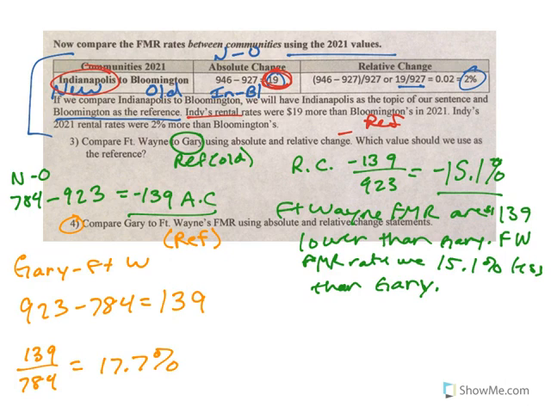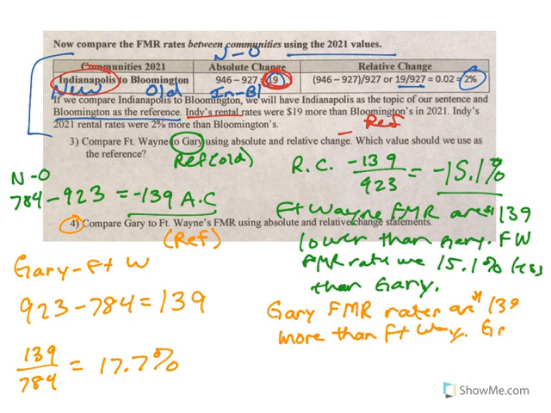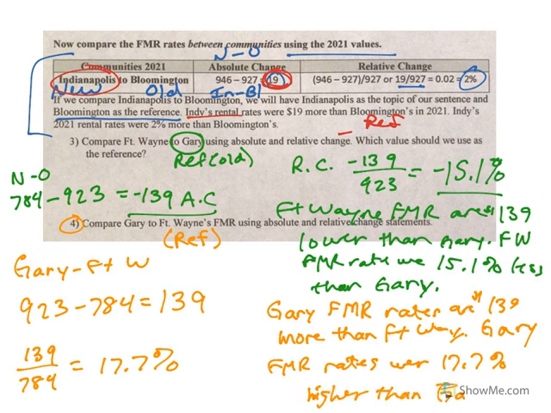Now, when we switch to number 4, where Fort Wayne is the reference, we start with Gary's fair market rental rates are $139 more or higher than Fort Wayne. So again, then we would say Gary fair market rental rates were 17.7% more or higher than, excuse me, than Fort Wayne.